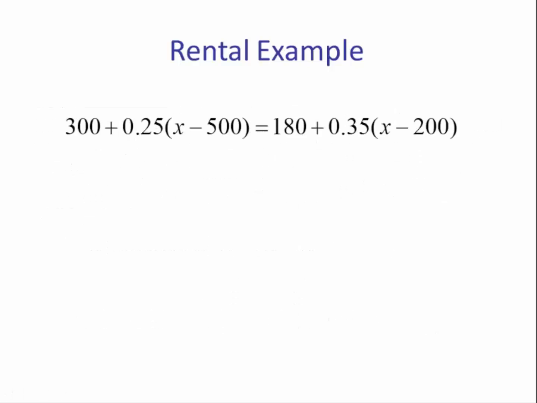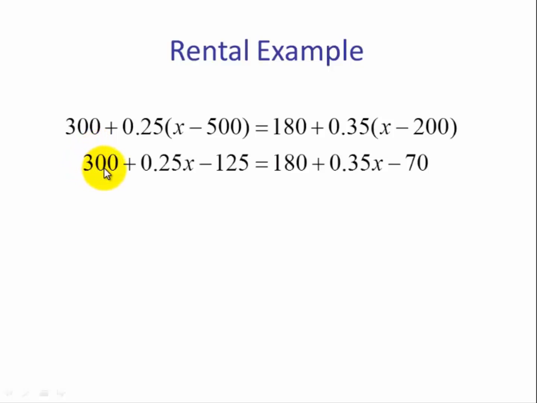Our first step is to do the distributive property on both sides. We're going to distribute the 0.25 to the x and to the 500, and we're going to distribute the 0.35 to the x and the 200.